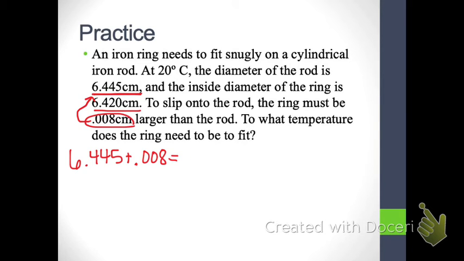We need the ring to be 6.453 centimeters across. Agreed?